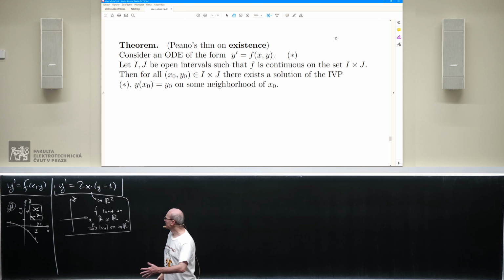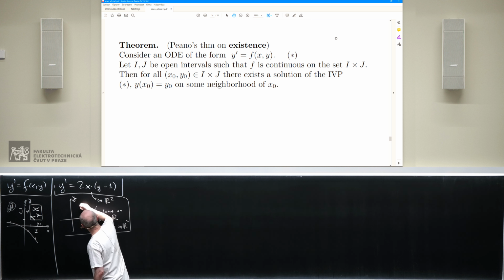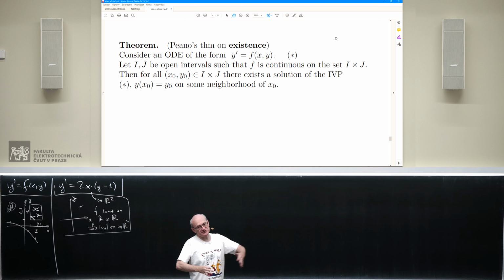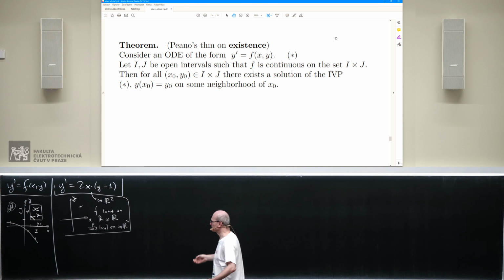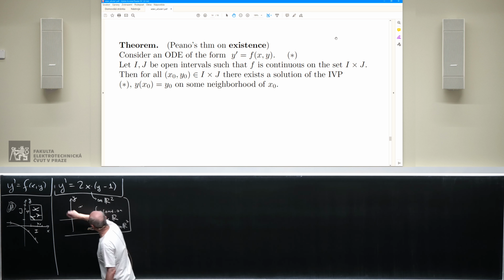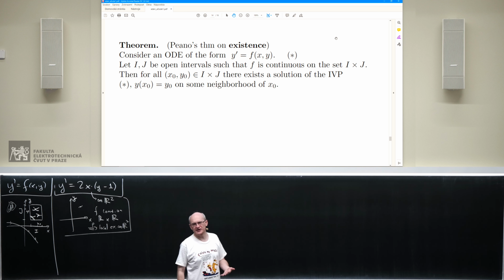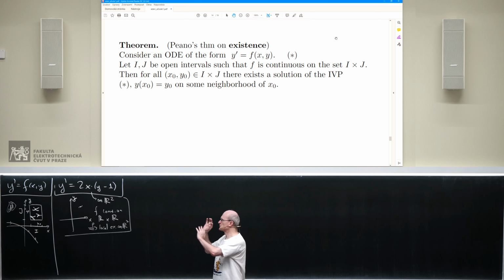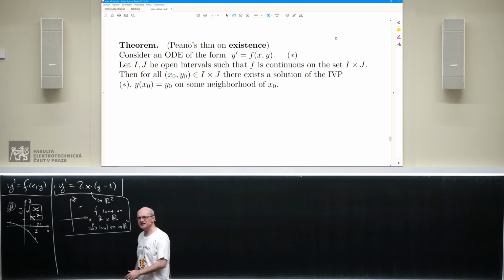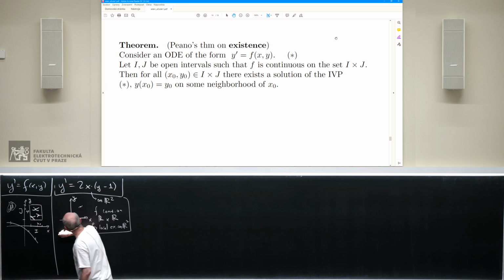So everywhere in the plane, no matter where you put your point, there will be some tiny solution passing through it, or perhaps a large one, lasting for a long time. We don't know. But everywhere there are local solutions. So now it makes sense to talk about in this region these solutions are increasing and so on. Yeah, that's very nice. Good news.